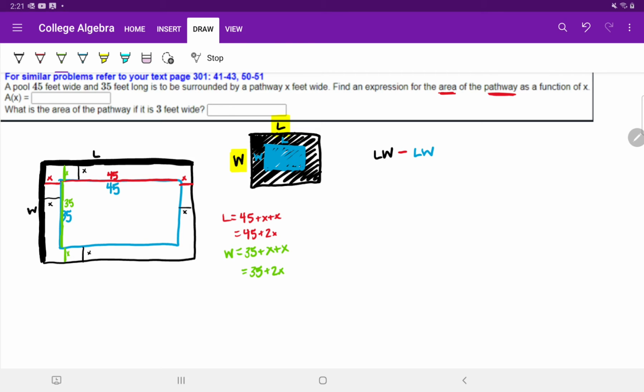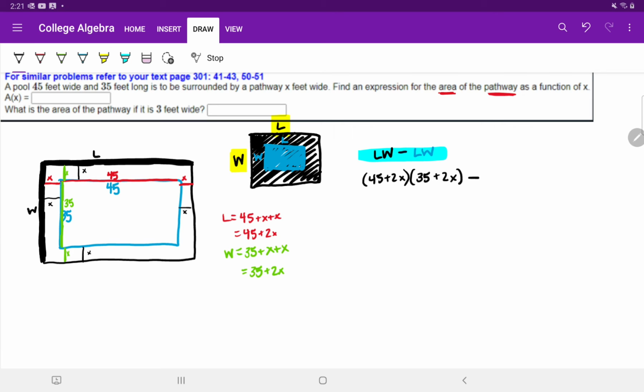All right, so let's go back to our main equation over here. We're looking for the outside length times width minus the inside length times width. So the outside length is 45 plus 2x. The outside width, sorry, is 35 plus 2x.